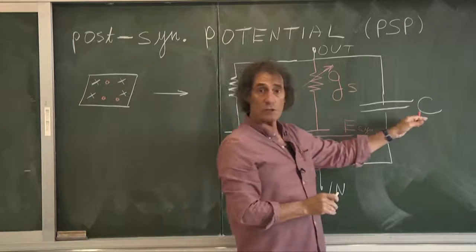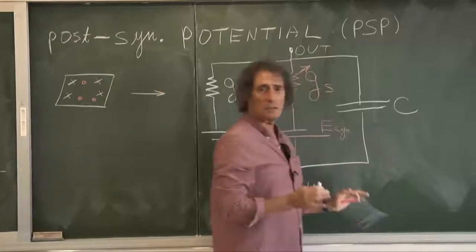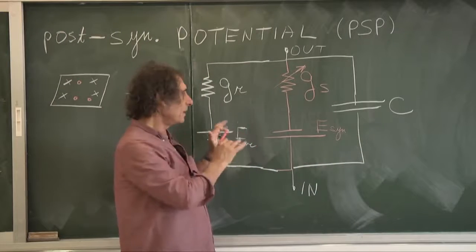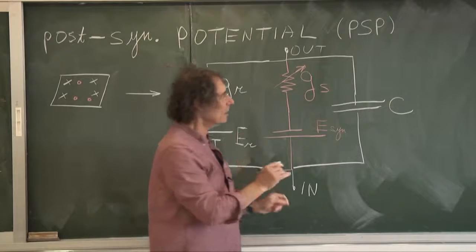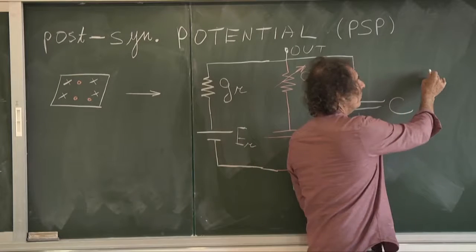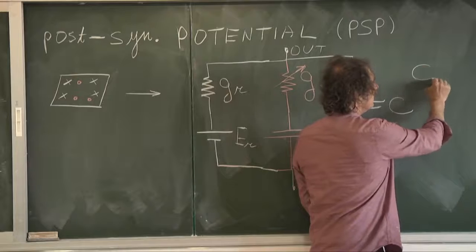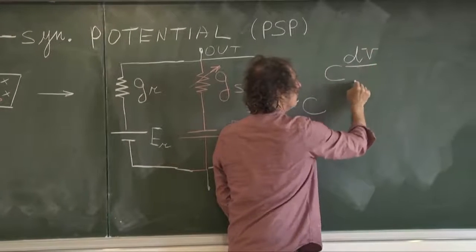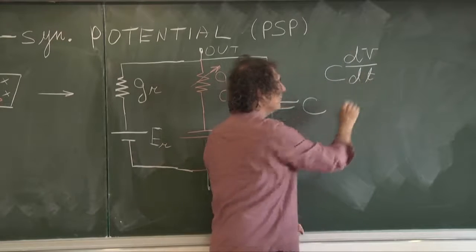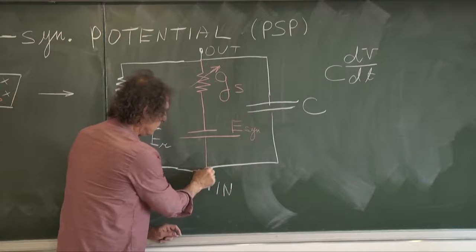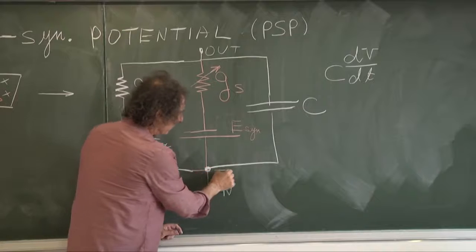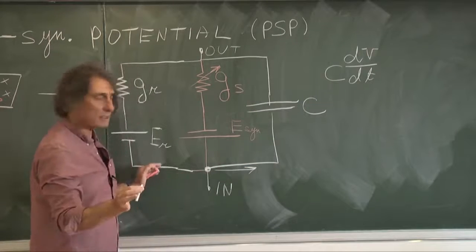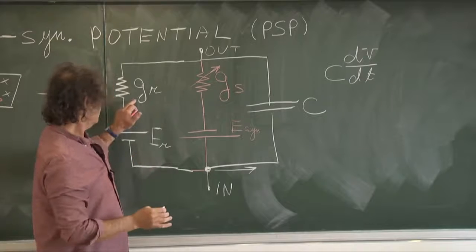So what is the equation? This is now almost the same as before when I had a passive membrane, but not exactly. Before, there was C dV/dt as before. Also here, the current that is at this point may flow in this direction and will become a capacitative current. That's as before.